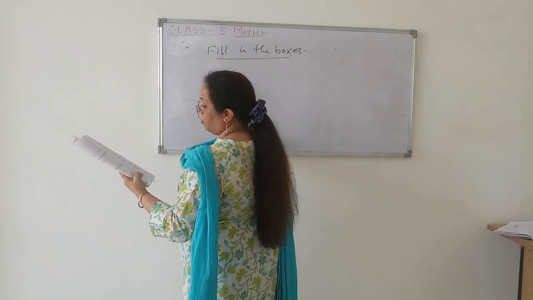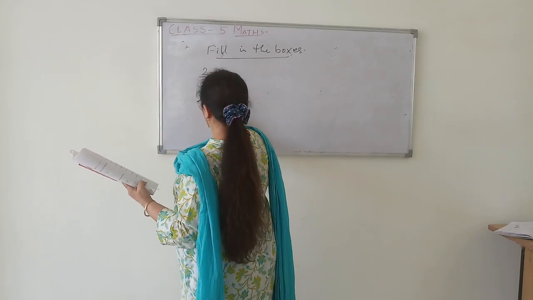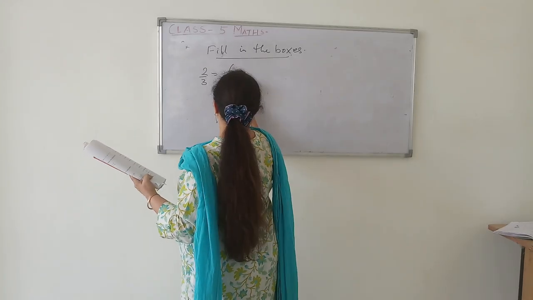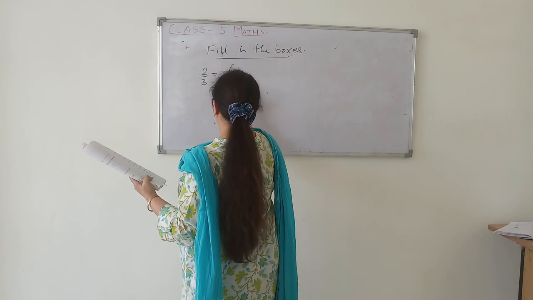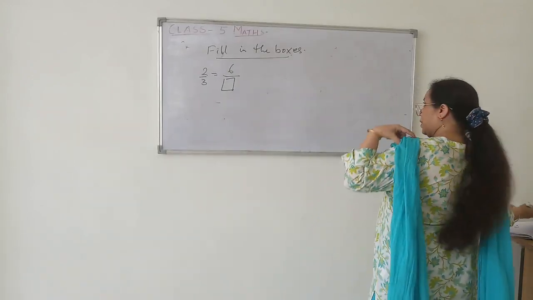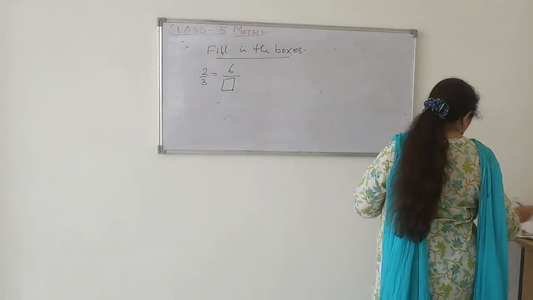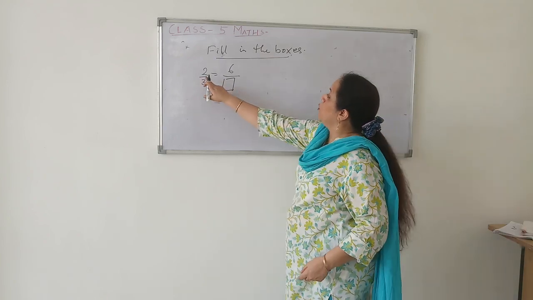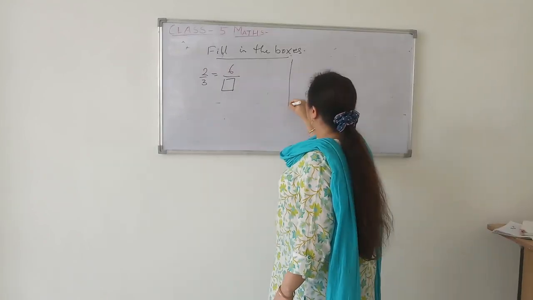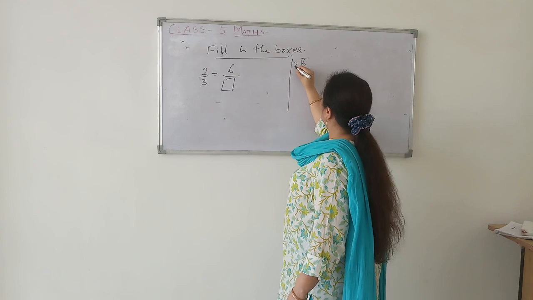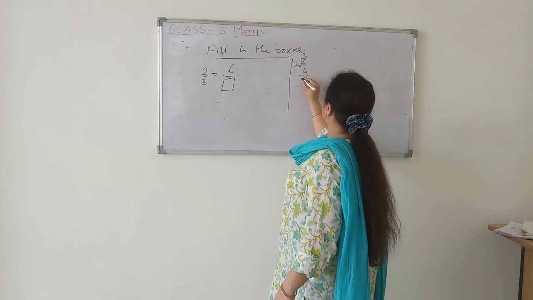In the fill in the boxes, we have 2 upon 3 is equal to 6 upon dash. Now, here it is a very simple one. You see it is 6 here. Then you will divide the 6 by 2 and will get this 3.